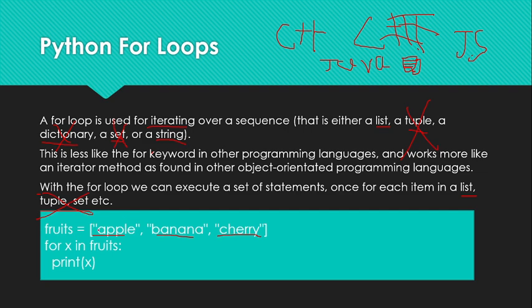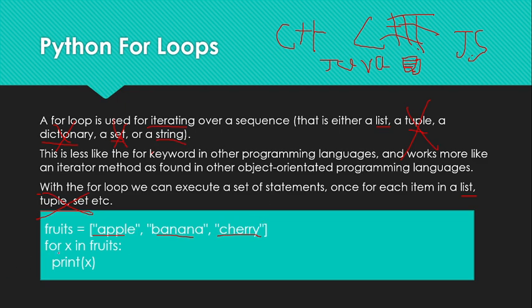This is in brackets, and each item has double quotes at the start and end: apple, banana, cherry.